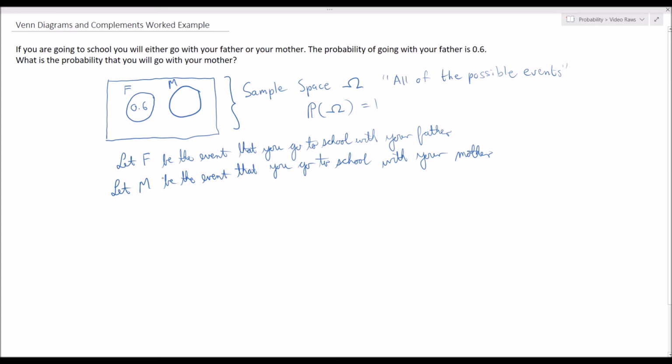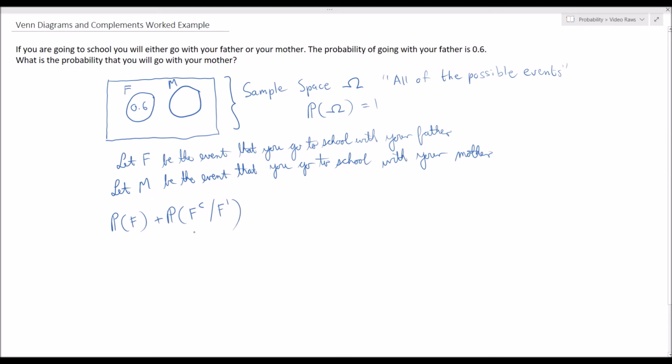So the idea of a complement of an event is what will be useful for us to answer the question, what is the probability that we'll go to school with our mother? So the probability that we go to school with our father plus the probability of this event's complement, F^C, or people can write F dash to be the F complement.